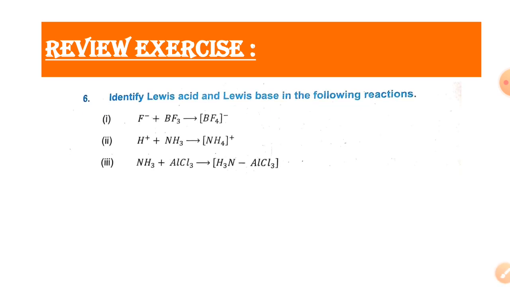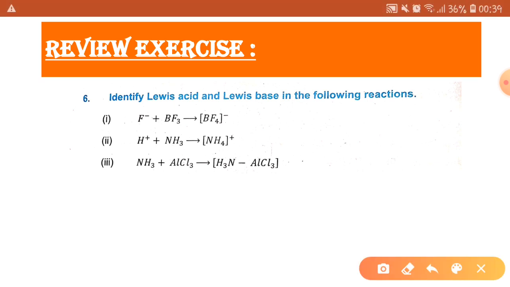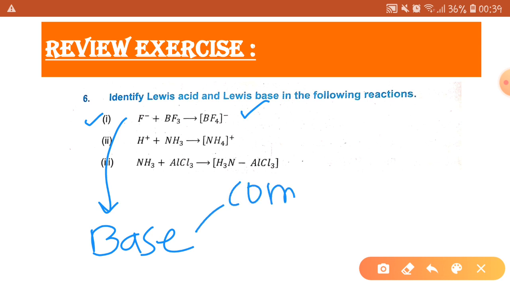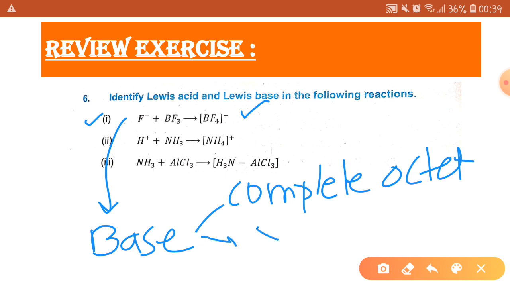Now this is a short question from your review exercise. It asks to identify the Lewis acid and the Lewis base in the following reactions. In the first reaction, fluoride ion is reacting with boron trifluoride to form this adduct. You may see here that the fluoride ion is acting as a base, because as we have read before, the fluoride ion has a complete octet as well as more than one lone pair of electrons.